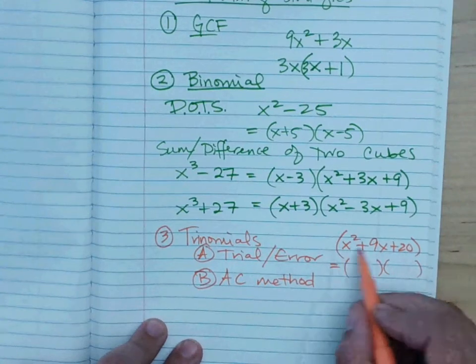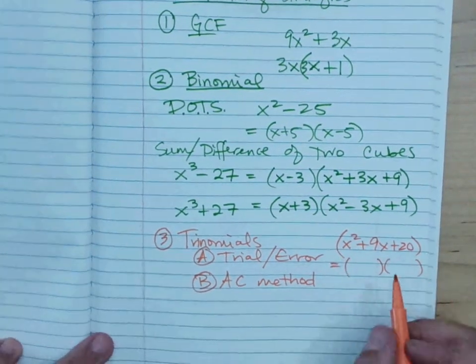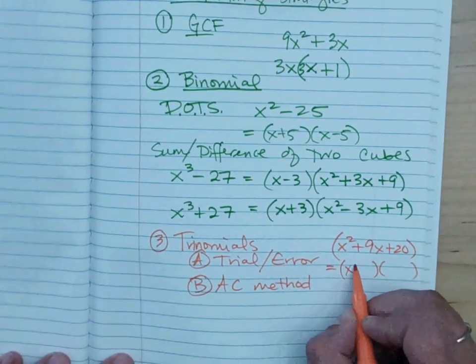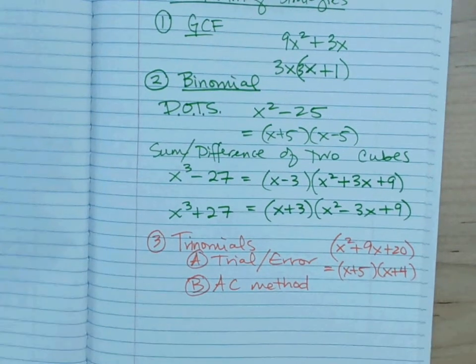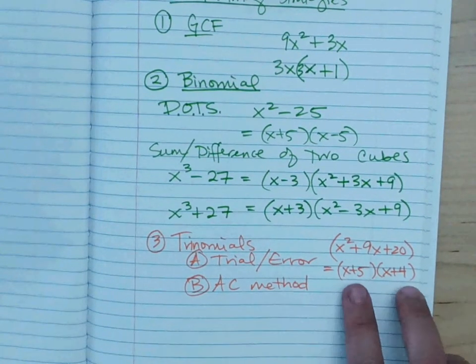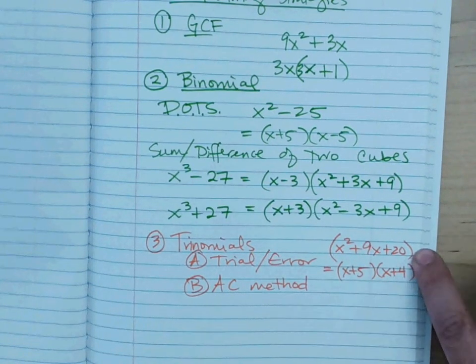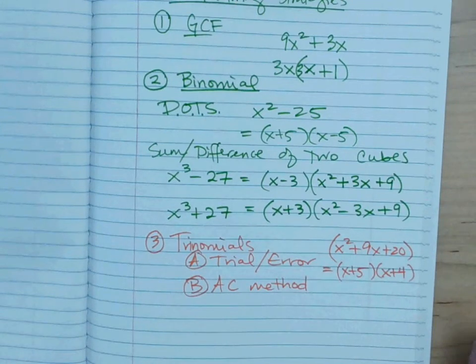I didn't really mean to put that in parentheses, I was just getting parenthesis happy, but it doesn't hurt. Can anyone come up with it? x plus 5, x plus 4. Okay, because 4 plus 5 is 9, 4 times 5 is 20. When we did that, I think that was 6.3, we looked at all the different patterns of signs, when it's negative, when it's positive, and all of that.